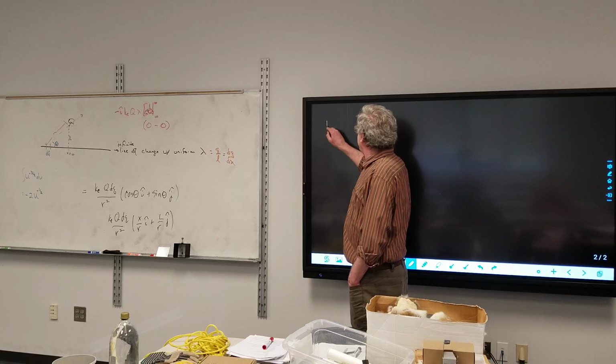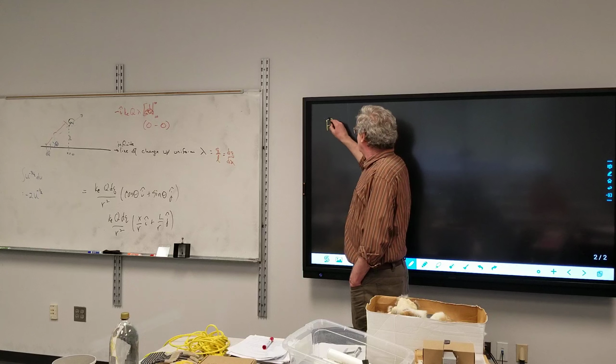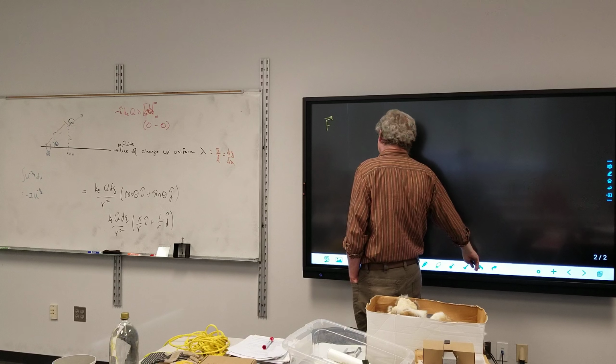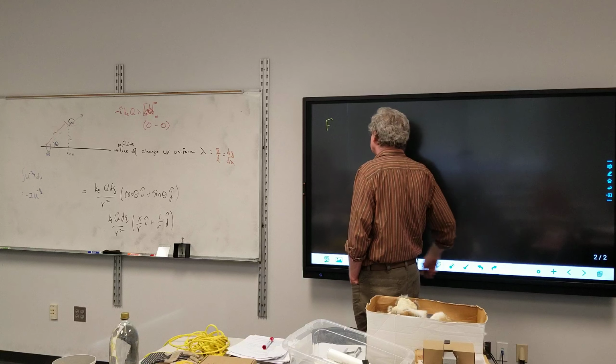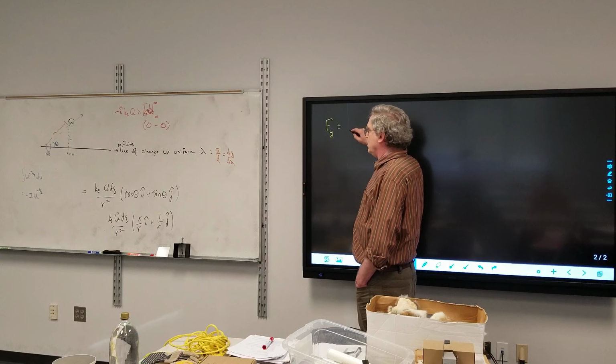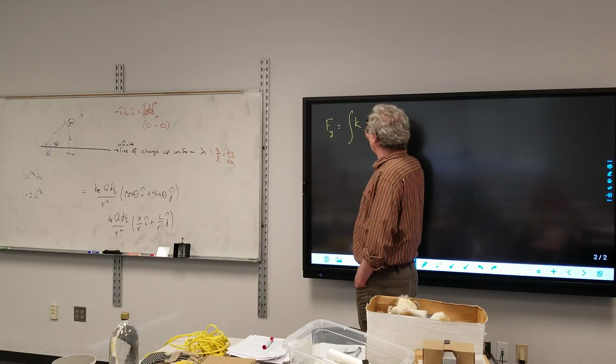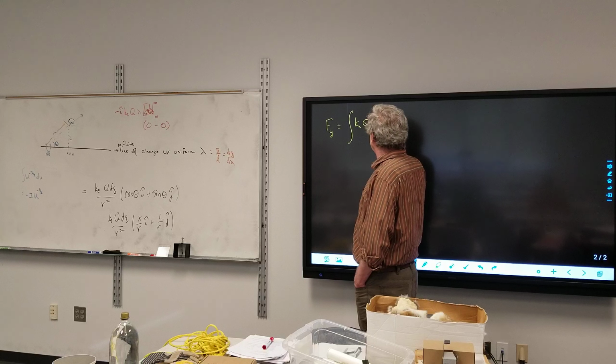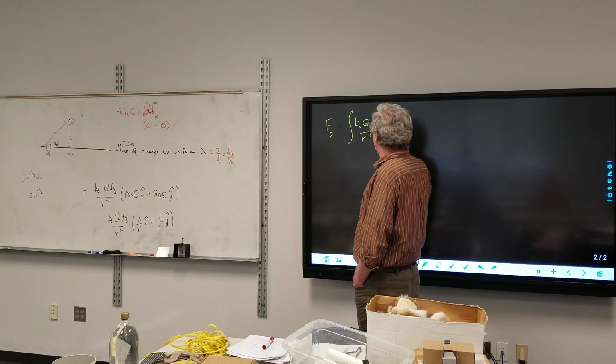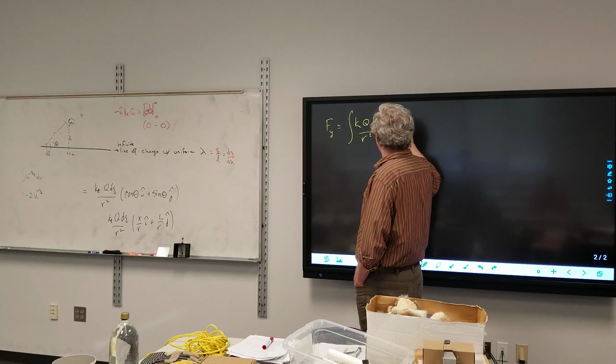All right, so we have, excuse me, the force in the vertical direction is equal to the integral, k sub e, Q, dq over r squared, L over r, j hat.